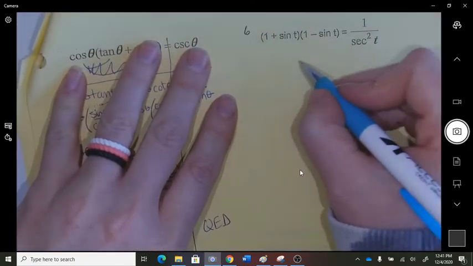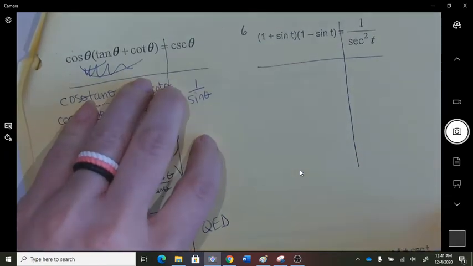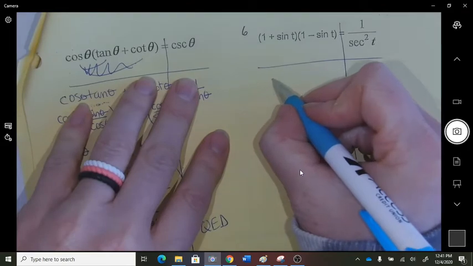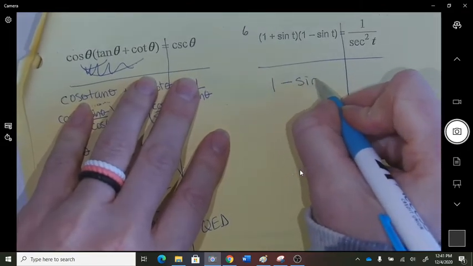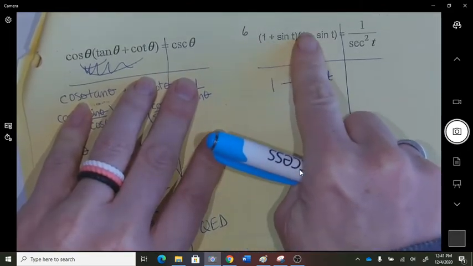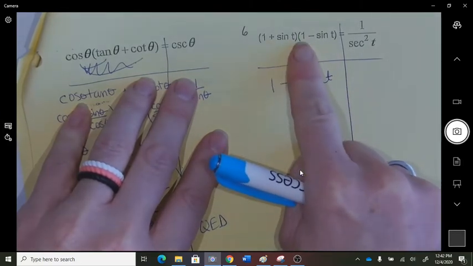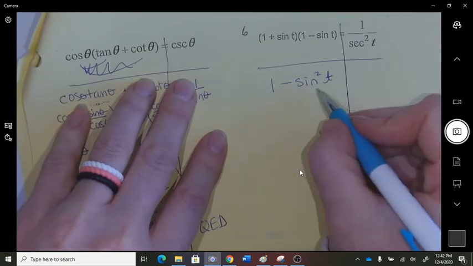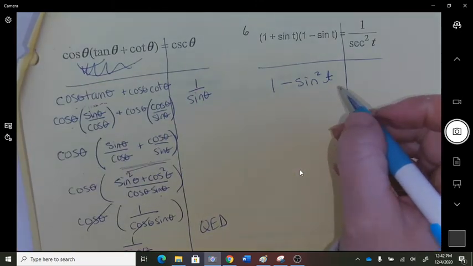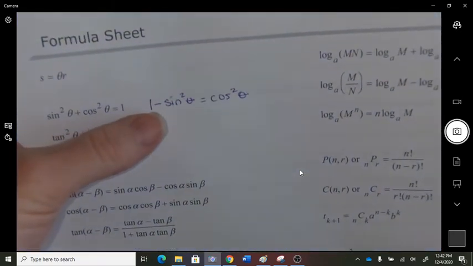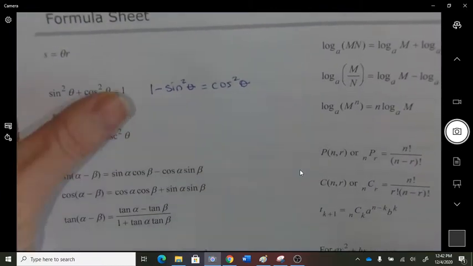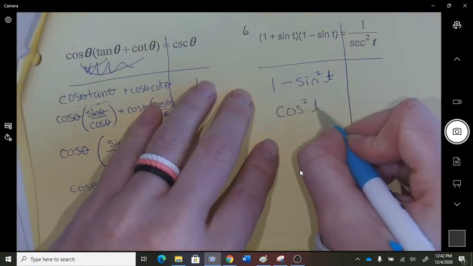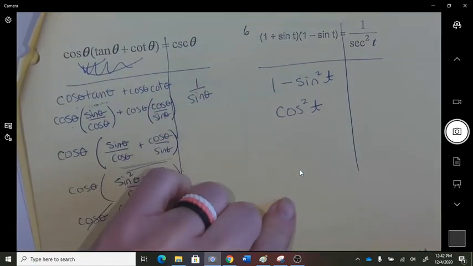Okay, number 6. So this I would FOIL. It's a difference of squares when I FOIL it. 1 minus sine t plus sine t would go away, and minus sine t squared. So when I look into my formula sheet, it's this one, so I can replace it with cos squared t.